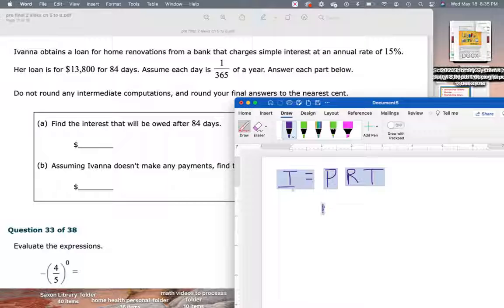So we'll put that right here with the P, $13,800. And the rate was 15%, so that would be 0.15. The time that we're looking for is 84 days. So because always our time is in years, it's going to be 84 divided by 365 days.